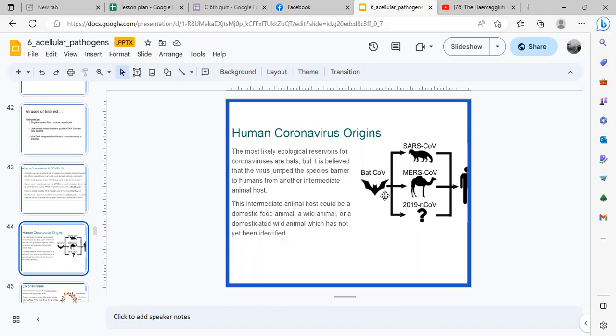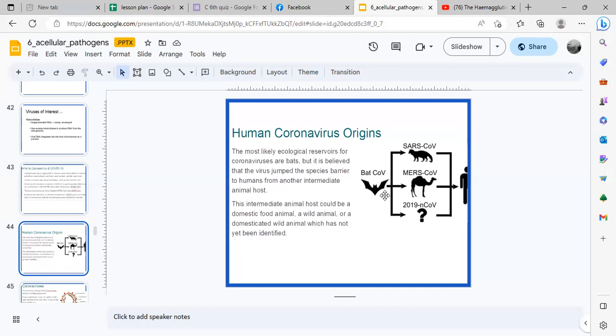Tapos dito sa SARS-CoV-2, SARS-CoV-1 o SARS-CoV, meron kang wild animal na intermediate. So eventually nagkaroon yung humans.